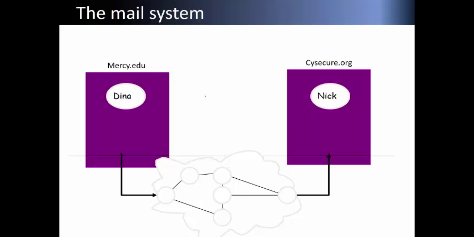So, for example, from merge.edu, if you want to send a message to somebody at secure.org, Nick, you simply send the message, but internally your email goes all the way down the layers, and in the physical layer it moves from one node to another node.